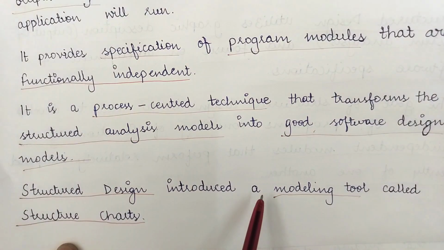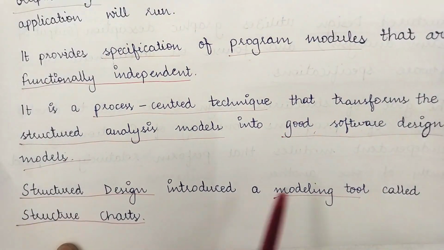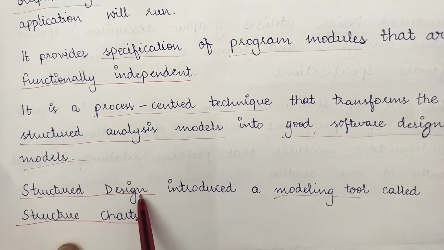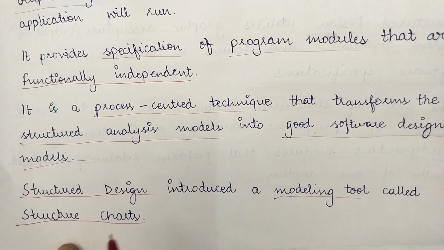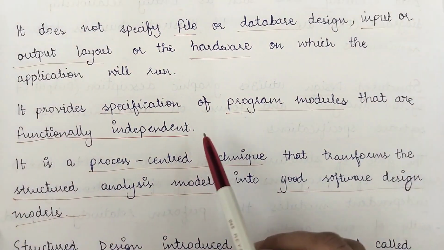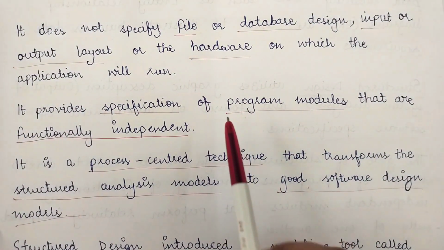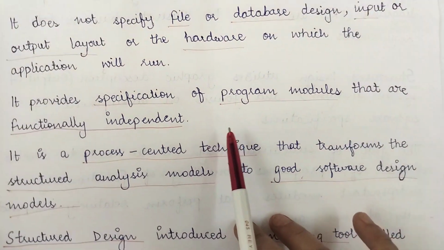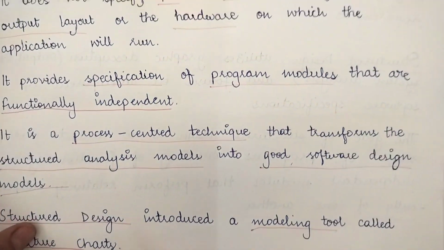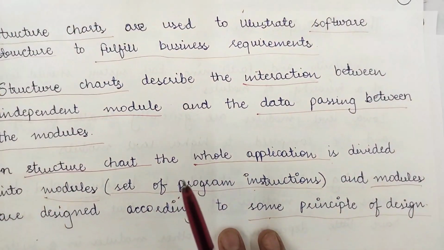Structured design introduced a modeling tool called structured charts. So during structured design, the modeling tool that is used is called the structured chart. Just like during the structured analysis phase, we use modeling tools like DFDs and entity relationship diagrams, during the structured design phase, we use the modeling tool called structured charts.